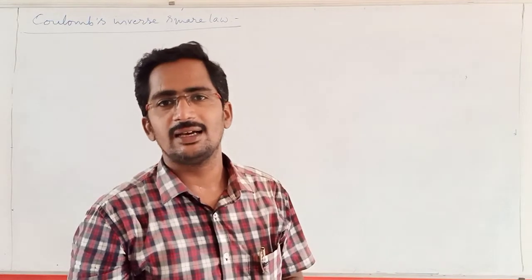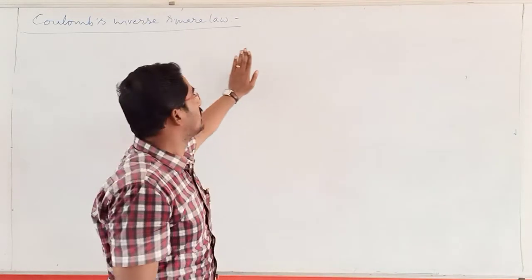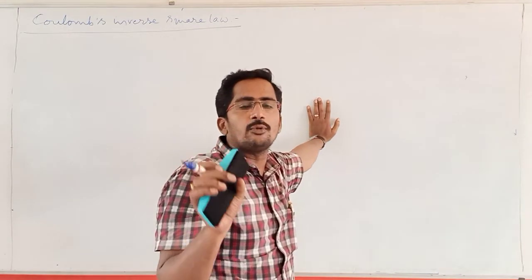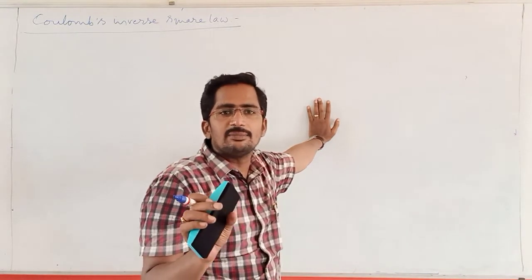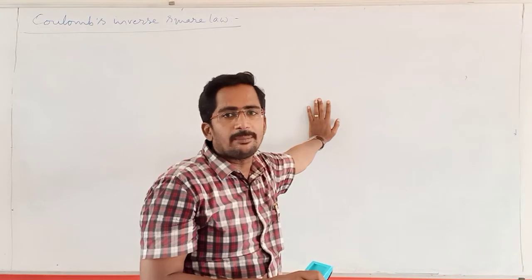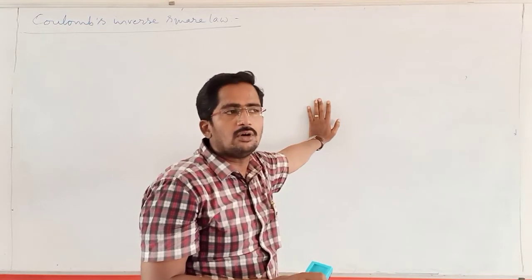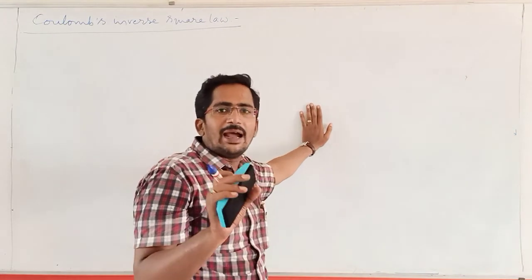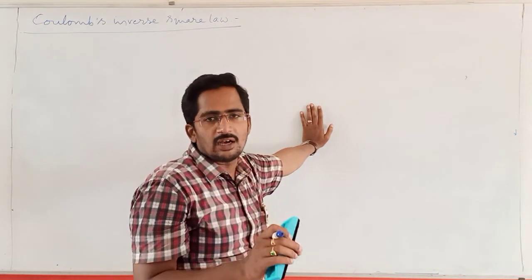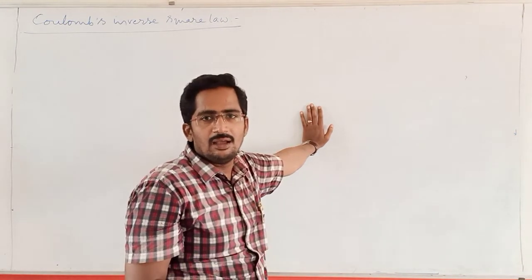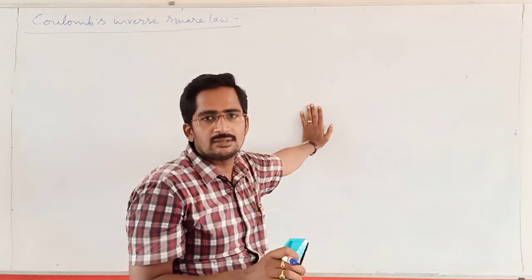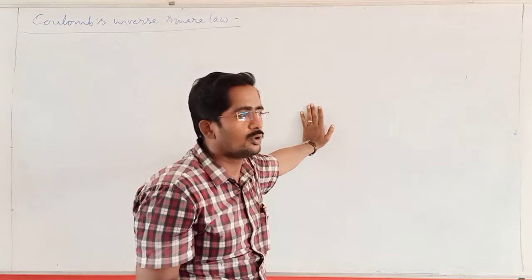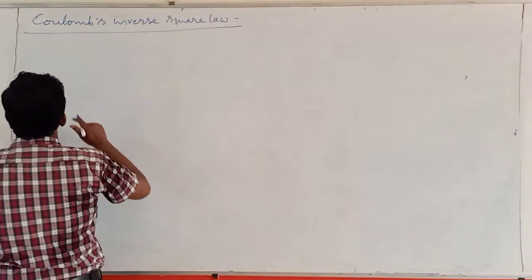Same like that here, this Coulomb inverse square law gives the force acting between two magnetic poles separated at some distance in air or a medium. So this law gives the magnitude of force of attraction or repulsion between two magnetic poles separated at some distance in the medium. Okay, that we are going to see.